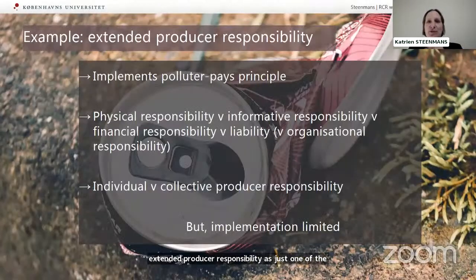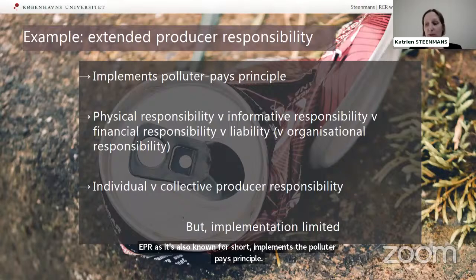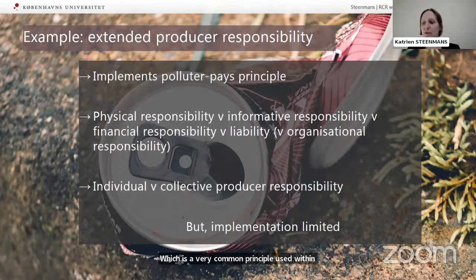So what is extended producer responsibility? My background is as a legal scholar, so we do like starting out by always setting out definitions in order to identify what is and isn't covered by what we discuss. So what is extended producer responsibility? At its essence, EPR, as it's also known for short, implements the polluter pays principle, which is a very common principle used within environmental law at international, EU, and national levels, for example, that means that the polluter should pay for any environmental damage or damage to human health caused by them.